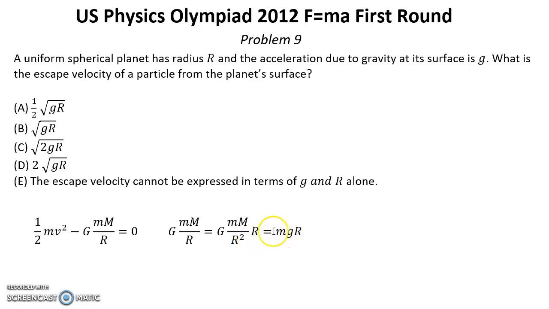So that's equal to mgr. And when we put this into the equation, we can find the escape velocity. Escape velocity equals the square root of 2gr. That's answer C, the correct one.